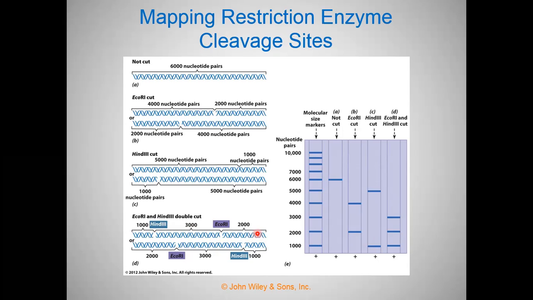Okay. Why is this happening? Because HIN3 is cutting it into the 5000 and the 1000, and hence it is cutting in between the region of 5000. When we mix both of these, we will obtain three fragments of the DNA: one is the fragment of 2000, second one is 3000, and the last one is 1000.